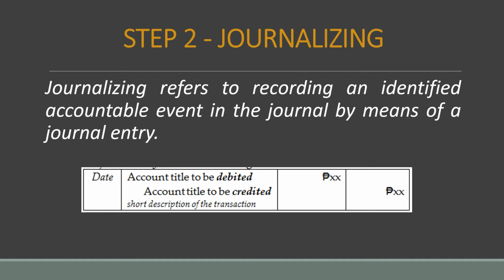So we should make sure that our journal entries maintains the equality of the accounting equations and the total debits of the transactions equal the sum of its credits. Okay, so inuulit ko, journalizing refers to the recording an identified accountable event in the journal by means of a journal entry. As you can see, this is the general format of a journal entry.